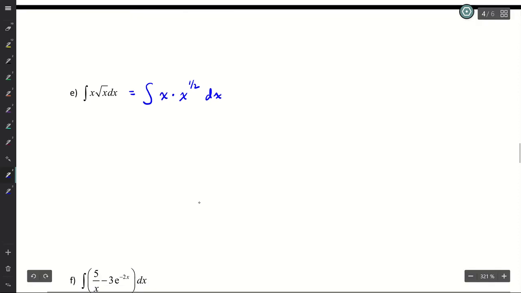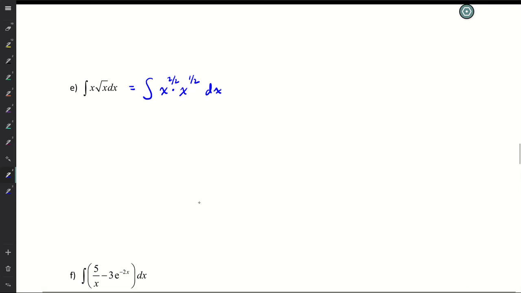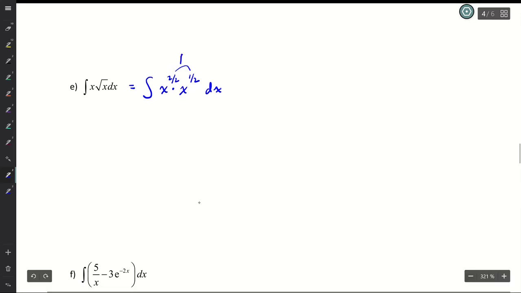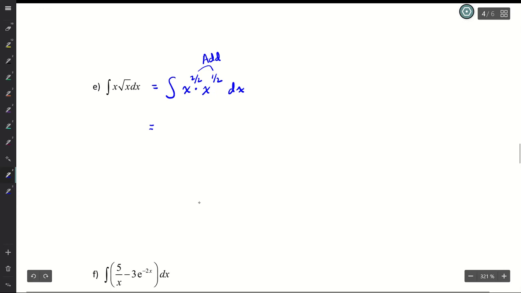This would be an understood 1 for that exponent on the single x. However, I'm going to write it as 2 over 2 since I have a 1/2 power on my other x. Some rules of exponents say if you have the same base and you're multiplying, you're going to add your exponents. So I can change this from something that looks like a product to something that's just a single x. So this would become x to the 3/2 if I add those two powers together.